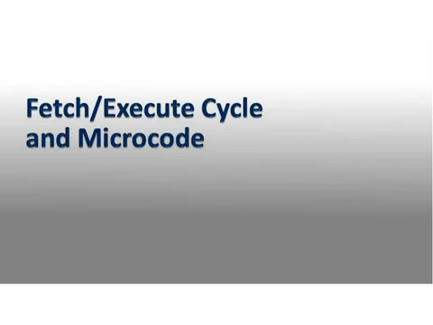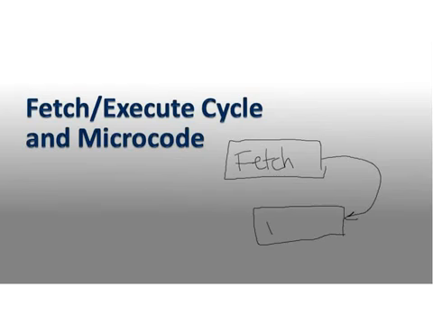First of all, we have to fetch the instruction, meaning the computer needs to know what the instruction is. So we do fetch. After doing the fetch, we do decode, meaning that we need to analyze the instruction.